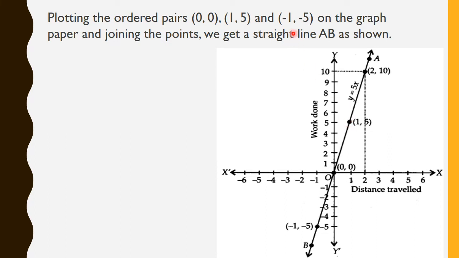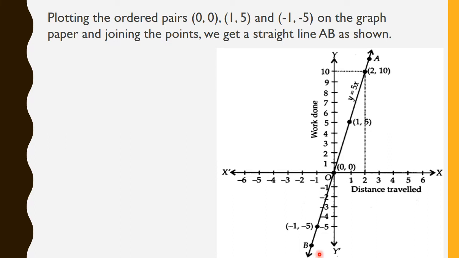Again, if we plot (minus 1, minus 5), we move to the left along the x-axis in the negative direction from the origin and come down in the negative direction of the y-axis as well, because we have minus 5. So here is the point (minus 1, minus 5). The minimum number of points that we should plot is 3. We can also plot more than 3 points.